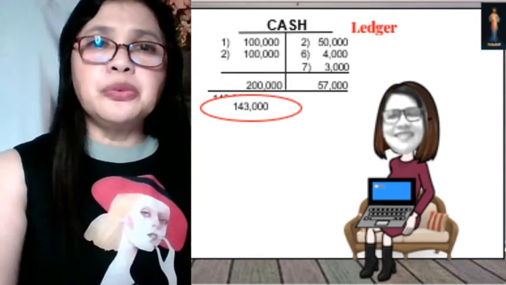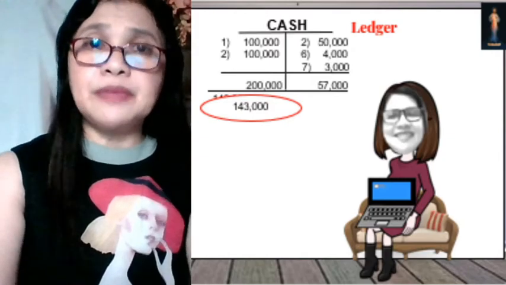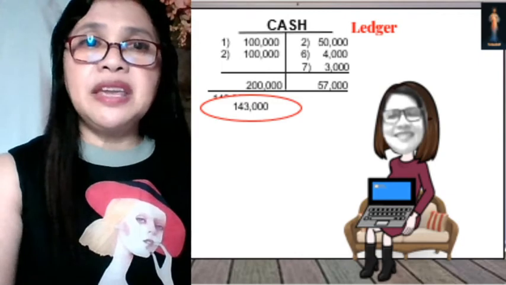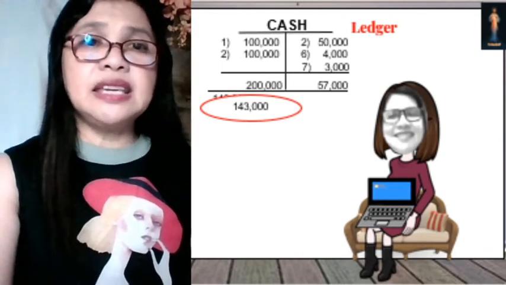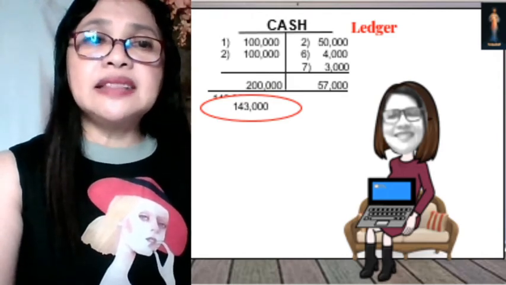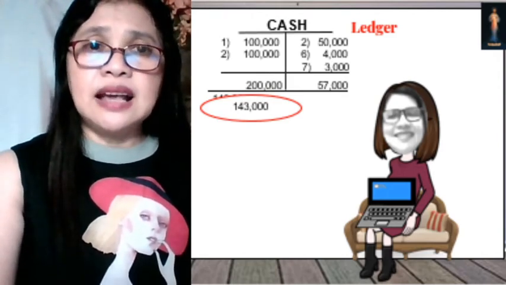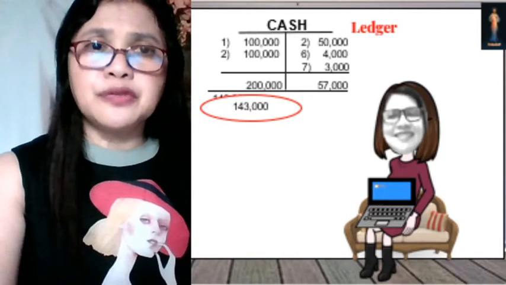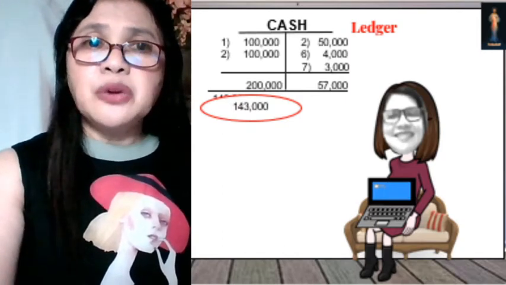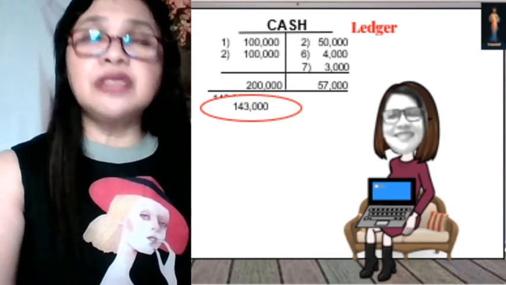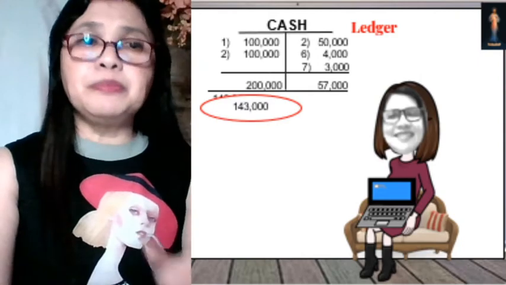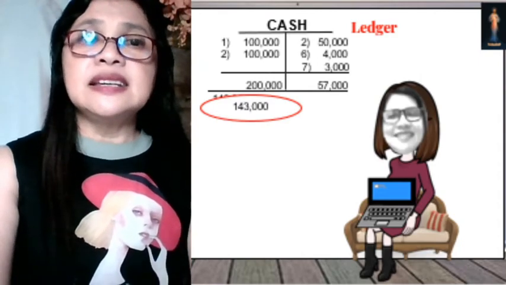After solving all the journal entries, we can now post them here. For example, transaction number one, 100,000, number two, and then we get the sum totals. After getting the sum of the debit and the sum of the credit, we get the net balance, and whichever side has the greatest number, we recognize that side.